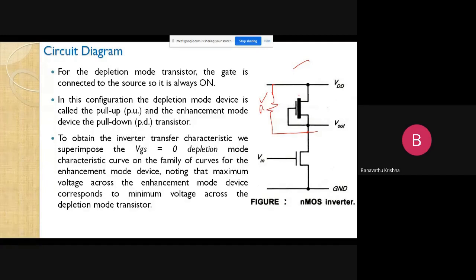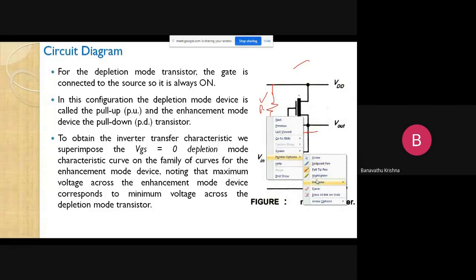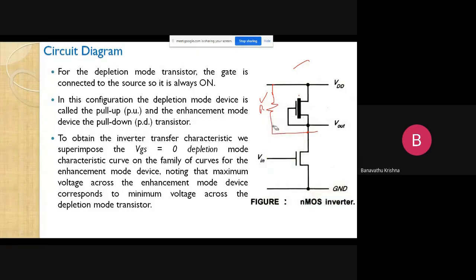But our aim is to reduce the area for the chip designing process by using VLSI technology. So instead of that, we can remove this resistor and use a depletion mode device instead. Let us discuss all those things here.